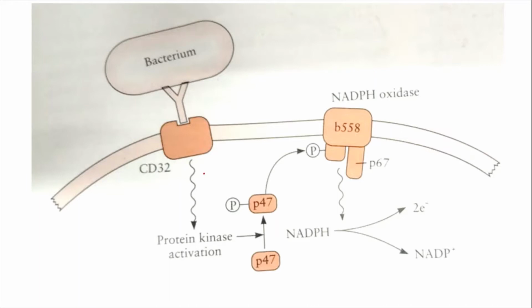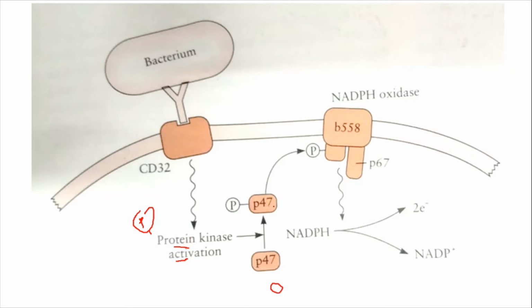Finally, the signal cascade drives and activates the protein kinase enzyme. This active protein kinase will catalyze the phosphorylation of P47. P47, protein 47, already exists in the neutrophil. This normal protein gets phosphorylated and activated by the protein kinase enzyme, which is derived from the activation of CD32.